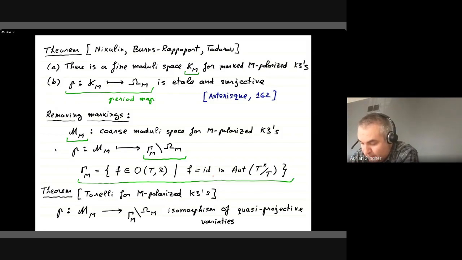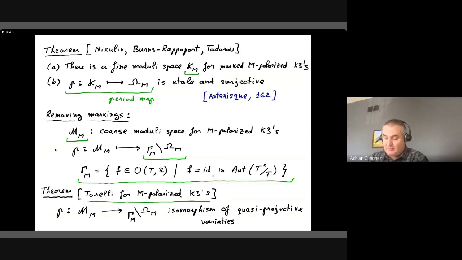So this is the group that we have to divide the period domain by, and once I do this factorization, the general Torelli theorem for M-polarized K3 surfaces gives us a very nice picture.